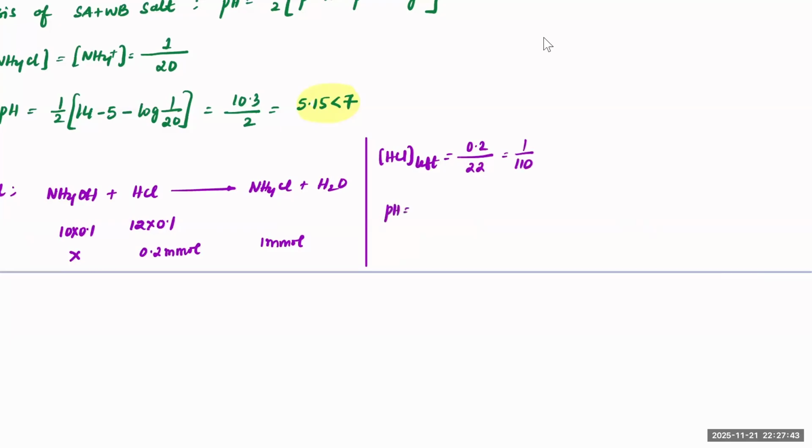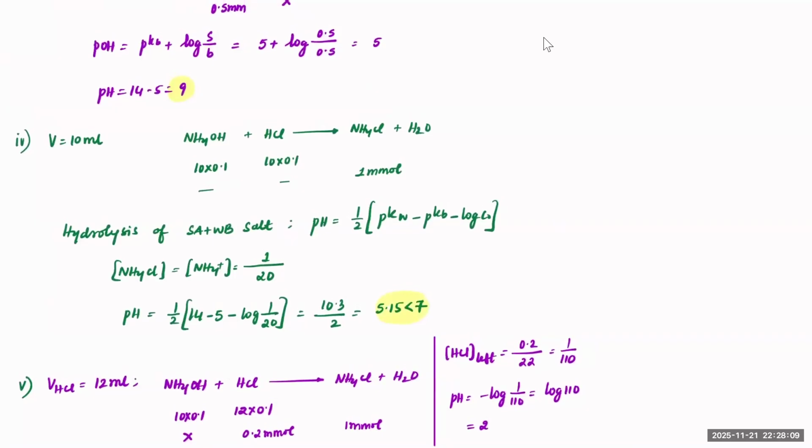So pH is equal to minus log of 1 by 110, which is log of 110. Approximately this is like log 100. Log 100 means pH is equal to 2. So therefore pH value is very close to 2. So from 5.15, it is dragging down to 2.